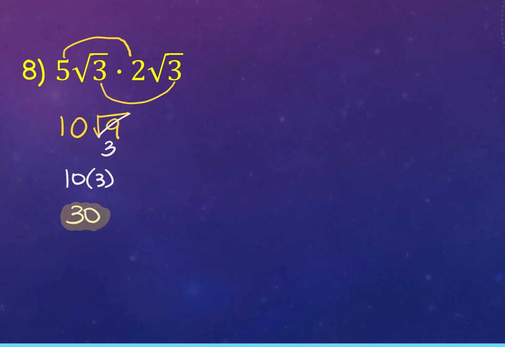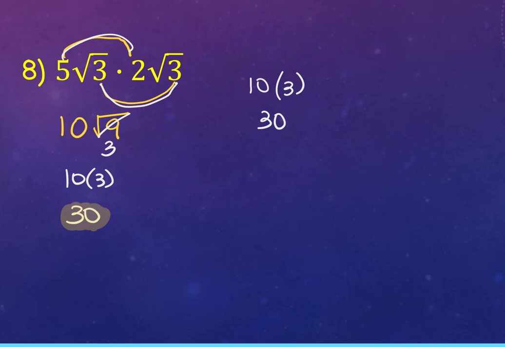So you're kind of doing an extra step there. The shortcut is any square root multiplied by itself is the number that's underneath. So I would still do the 5 times 2, that's 10. But as soon as I say square root 3 times square root 3, my answer from that is just 3. Any square root multiplied by itself just eliminates the square root and you keep what's underneath, okay? So it saves you the step of having to do the square root of 9 and then square root it.